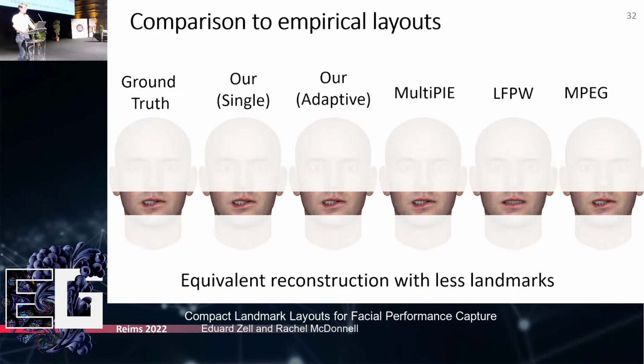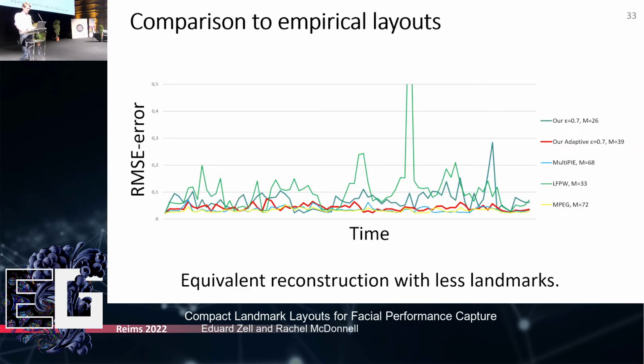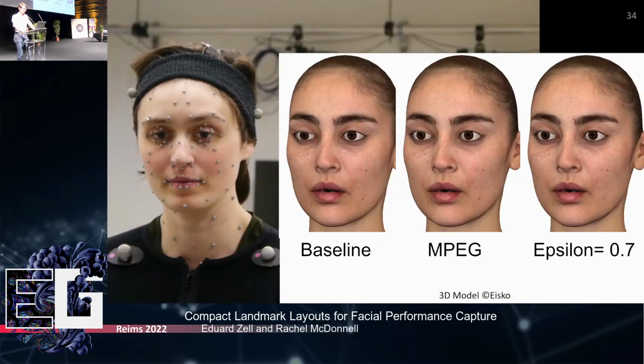Here, to make it a little bit easier, this is the visual result, and the numerical result is also the same. So finally, we also compare animation reconstruction under real conditions.